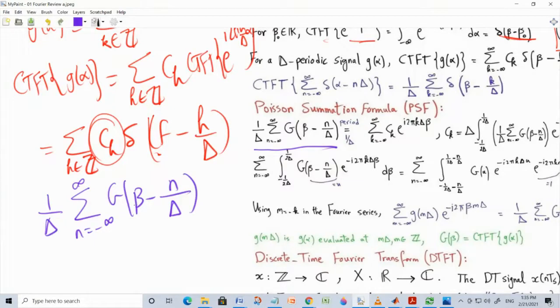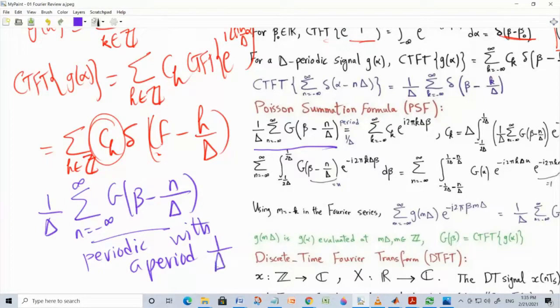Then if you replace beta by beta plus 1 over delta, you can show that this function is periodic with period 1 over delta. Now, if it's periodic, again under some conditions, you can express it in terms of a complex Fourier series.